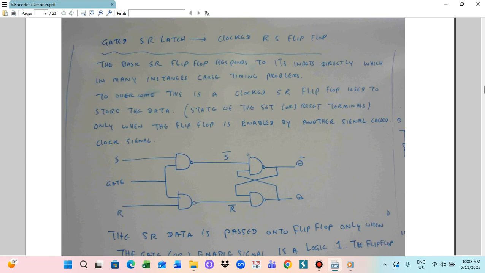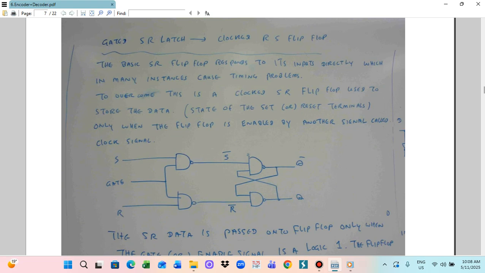So normally the SR flip-flop depends directly on the input. Sometimes when there is no more input, there will be no more output. So we cannot always insert the input. So the input condition needs to be memorized. Because of this, instead of using the SR flip-flop, we have to use the SR latch, the gated SR latch or the clocked RS flip-flop.